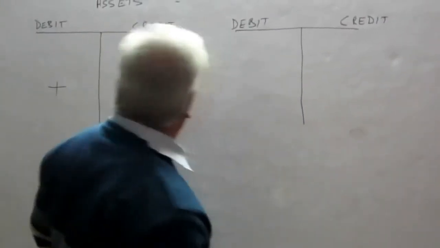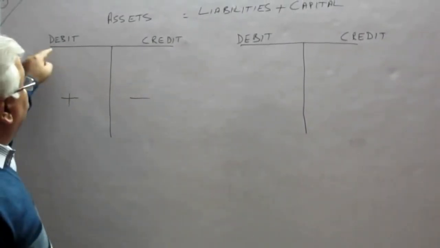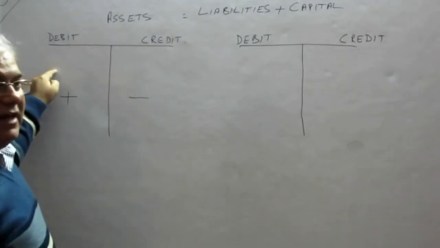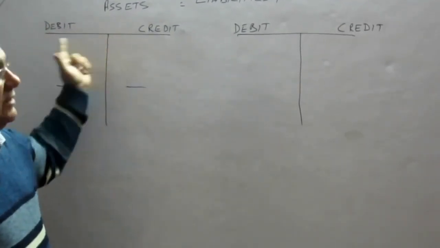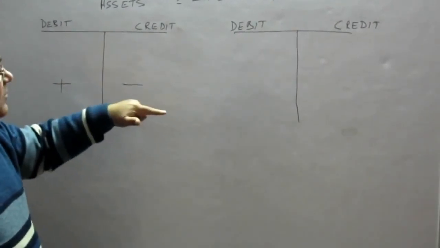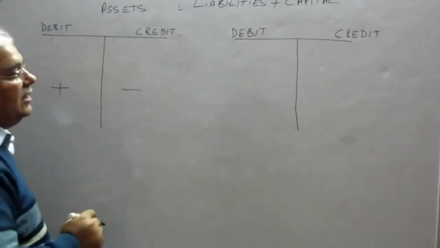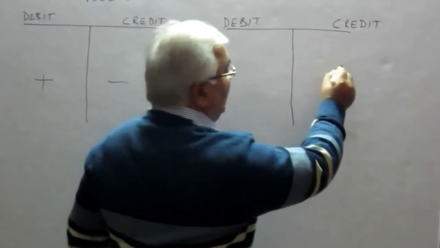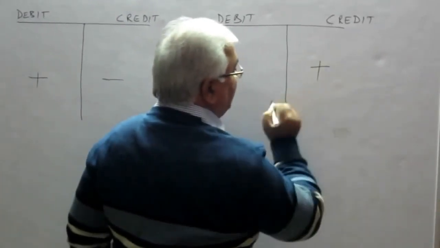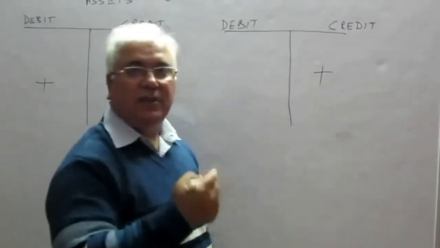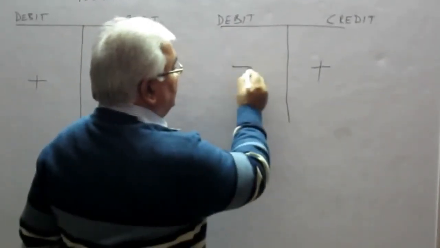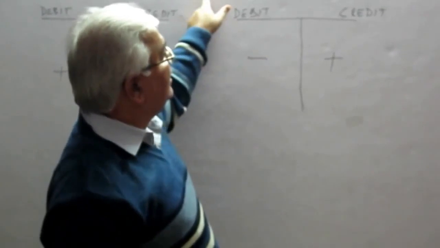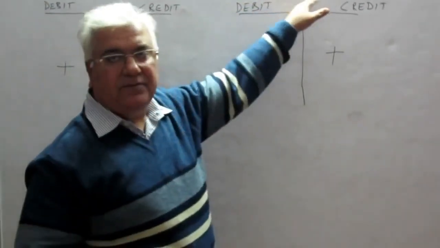And you see, if we have chosen the left hand side for additions in assets, so that the total of both sides remains the same, we have to choose the credit side in case of liabilities for additions, and whenever we have to subtract, we shall use the debit side. And this rule applies to liabilities as well as to capital.